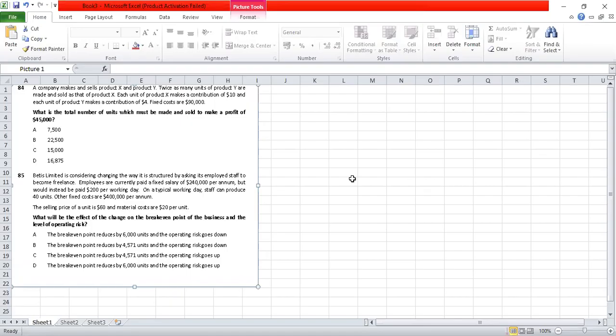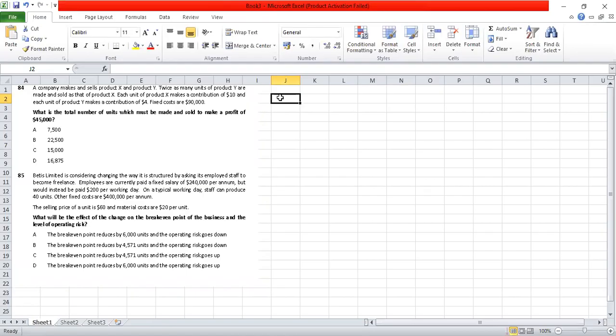Now here, till now, from the explanation, we understood that in the denominator, we have contribution margin per unit. So let's see what is the total number of units that have to be made. What is the formula for that? Let's write this one.